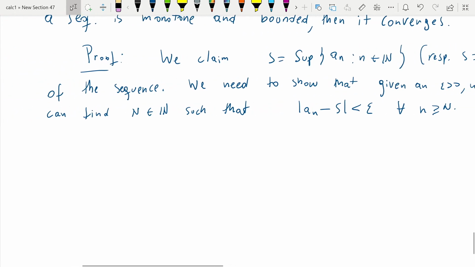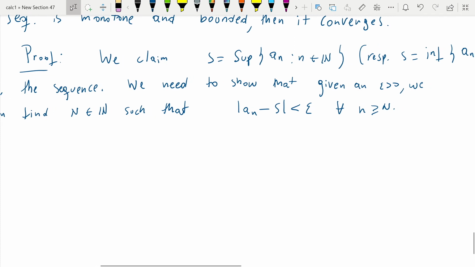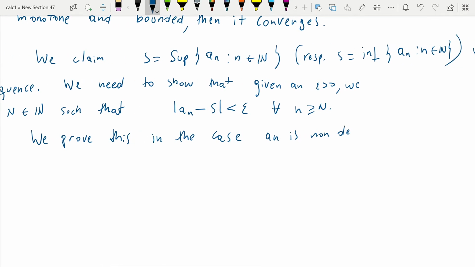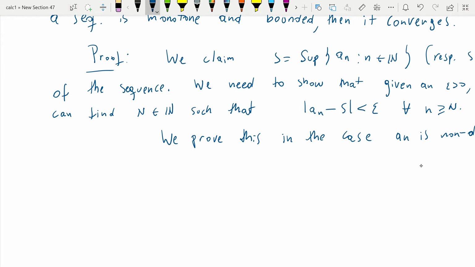So we're just going to do it in the case of a non-decreasing sequence, the other case being analogous.